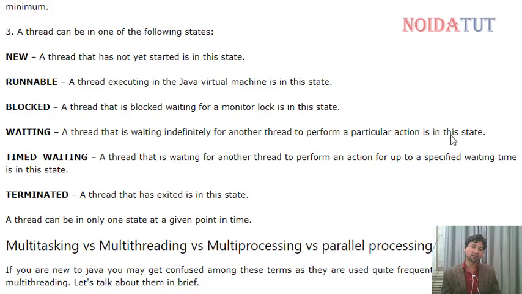Timed waiting: a thread that is waiting for another thread to perform an action for up to a specified waiting time is in this state. Terminated: a thread that has exited is in this state. A thread can be in only one state at a given point of time.